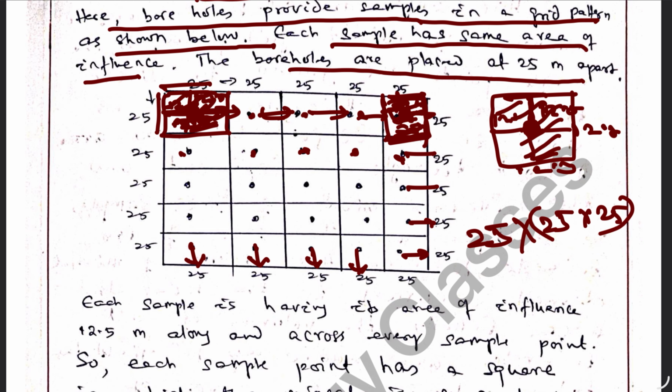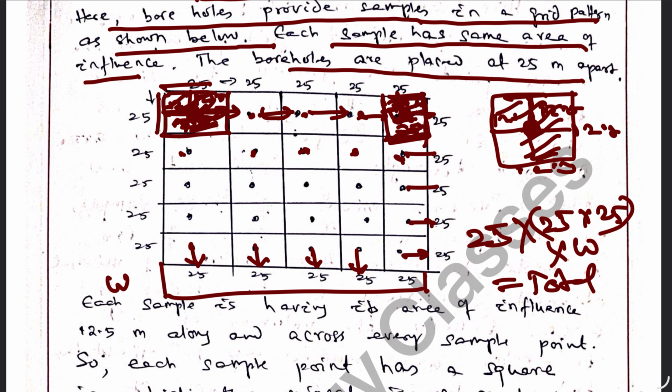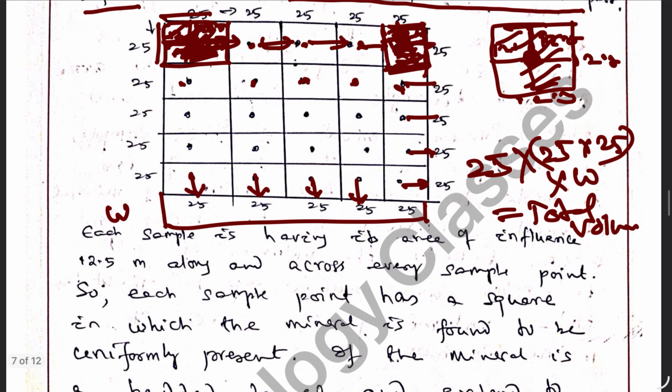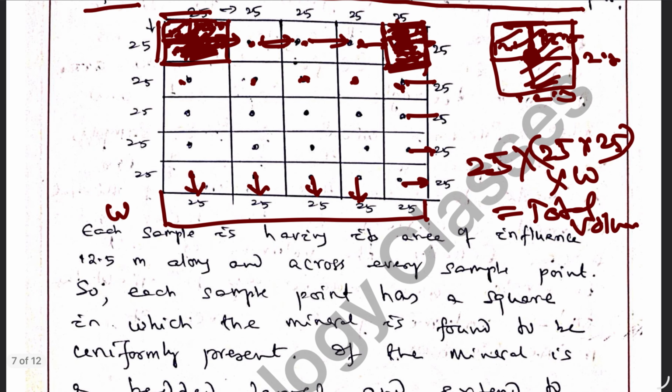If all the blocks extend to a common depth W, then that is multiplied by W to give the total volume. So area into depth. Here the samples are collected in a grid pattern, and in this manner we can find out the volume.